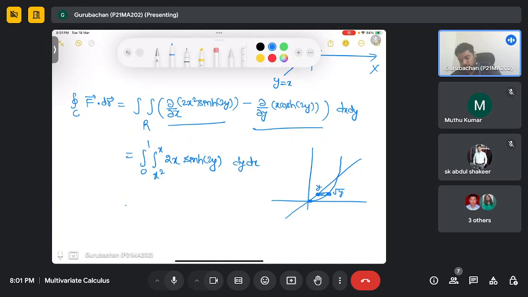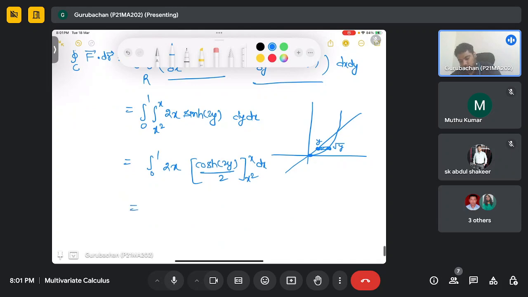So integrate this with respect to x, and this will be cos hyperbolic 2y divided by 2 x square dx. So this will give you, from 0 to 1, x cos hyperbolic 2x minus x cos hyperbolic 2x square.